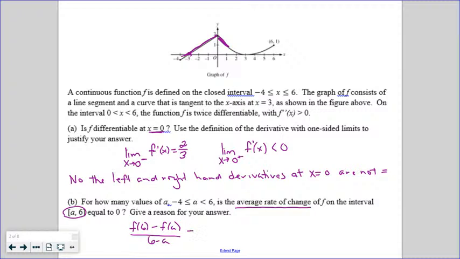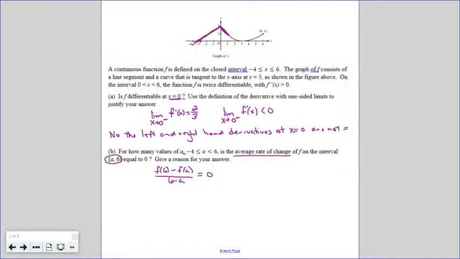They want to know how many times this equals 0. Well, in order for this to equal 0, the numerator would specifically have to equal 0. So if we were to solve this, we would have to find a place where f of a equals f of 6.